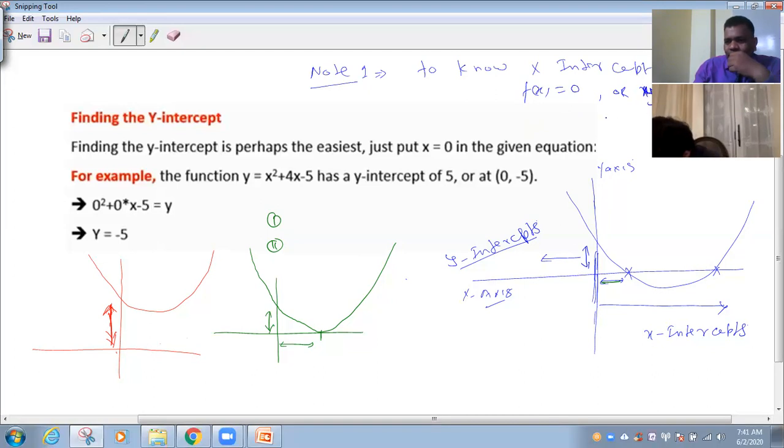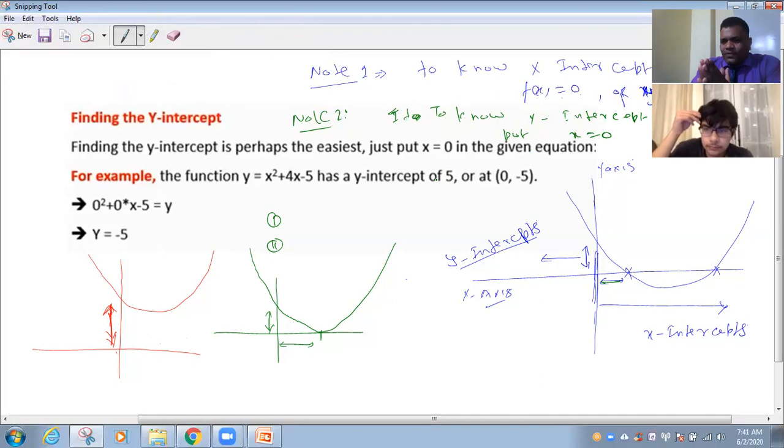If you want to know the y-intercept, put x equal to 0. Right.